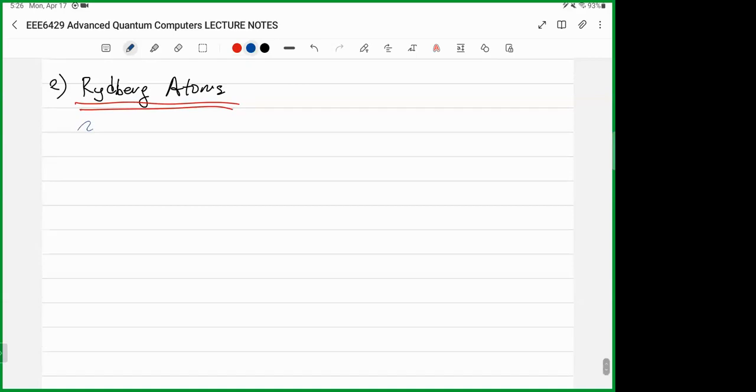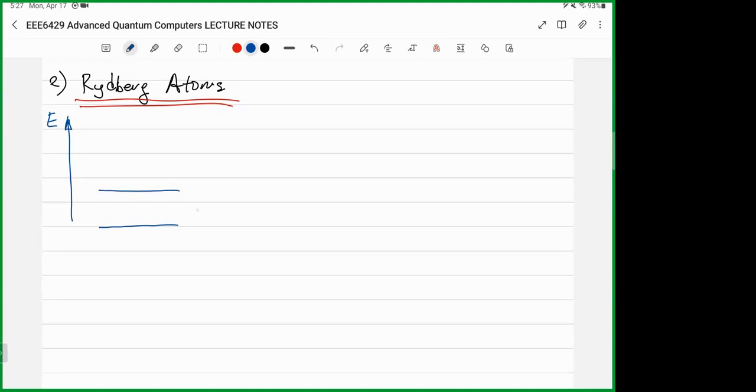So if we schematically draw the energy level spectrum of an atom, typically it looks like this. We have the ground state, then at some energy we have the first excited state, then the third, the fourth, fifth, etc. And typically the spacing between the neighboring levels gets smaller and smaller.